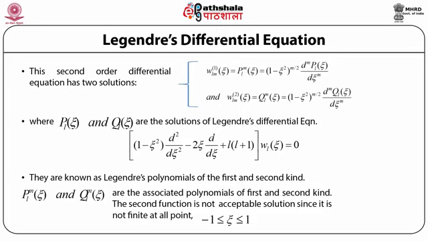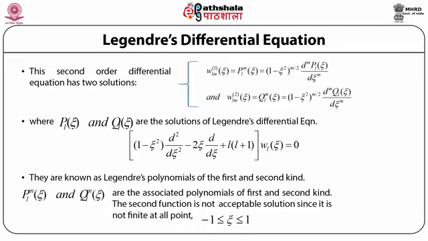These solutions are given by PL xi and QL xi, where PL xi and QL xi are the solutions of the Legendre's differential equation, and PL xi and QL xi are referred to as the Legendre's polynomials of the first and the second kind.